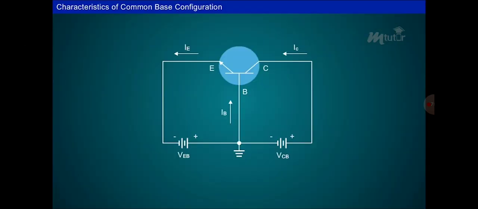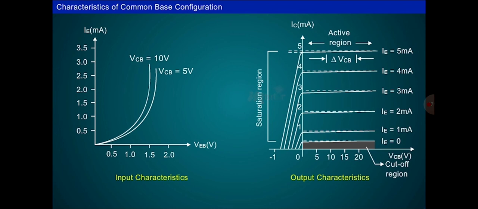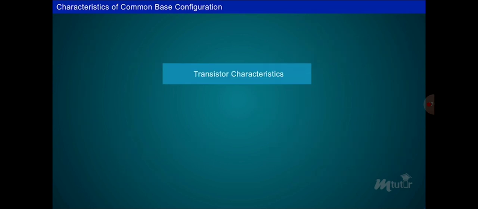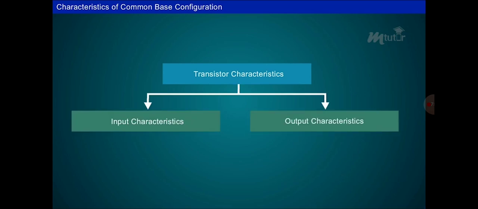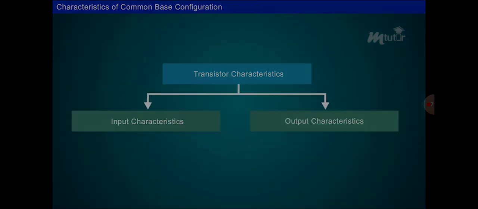To understand the complete electrical behavior of a transistor, it is necessary to study the interrelation of various currents and voltages. These relationships can be plotted graphically, which are commonly known as the characteristics of the transistor. The characteristics of a transistor in any configuration are input and output characteristics.